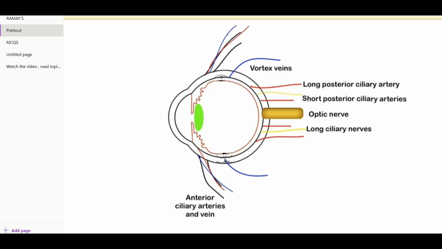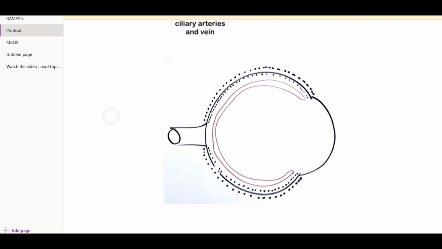Let's clear this in the diagram. Look here, this whole part is known as the sclera, and this front part is known as the cornea.